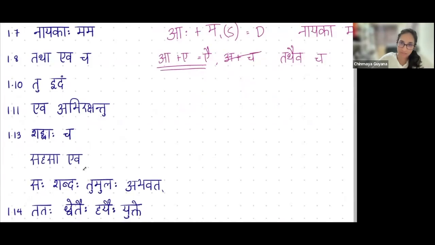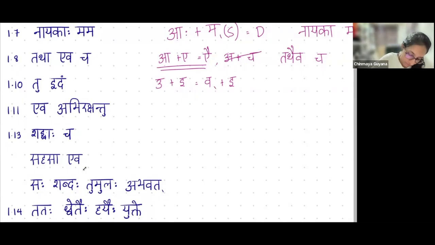Tu idam. This is not uhu plus it. This is just u plus it. U plus it equals va halant plus it. Now remember, the u is going to change into va halant. That means that the tu is going to go from a full consonant to a half consonant.